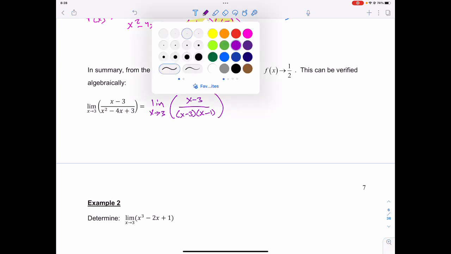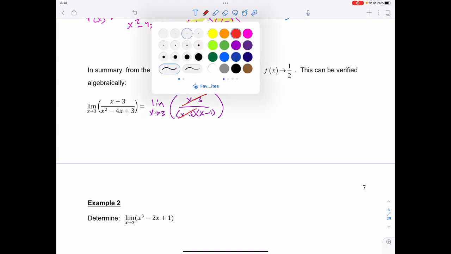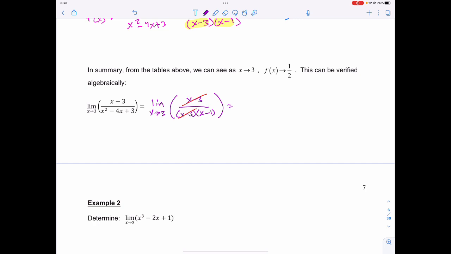And we can remove a common factor of x minus 3 from the numerator and denominator. This means the limit as x approaches 3 is going to be 1 over x minus 1. And then we can use what it's approaching, 3, to substitute for x. 1 over 3 minus 1, then we wind up with 1/2.